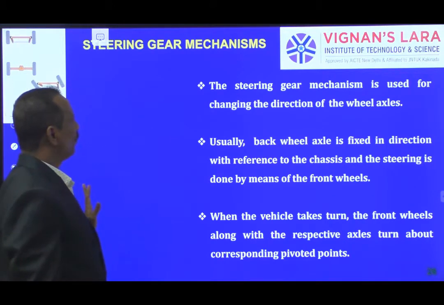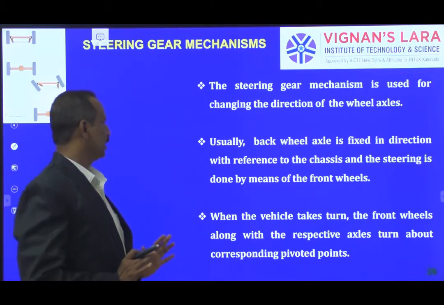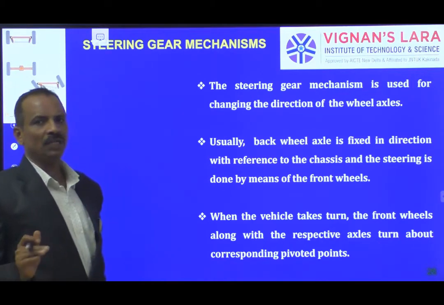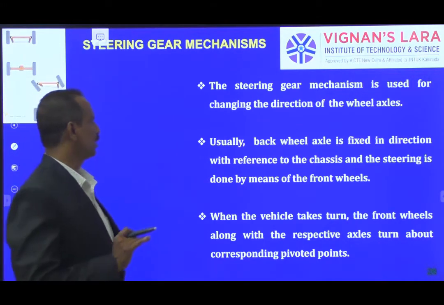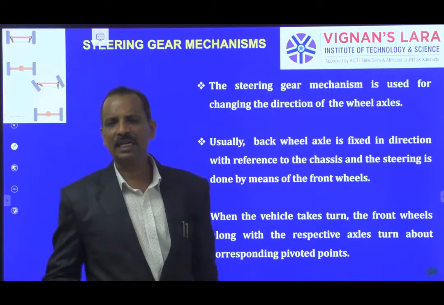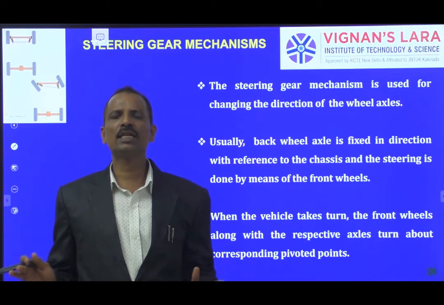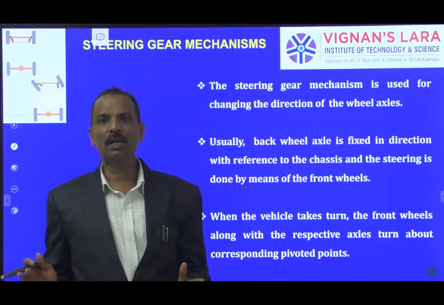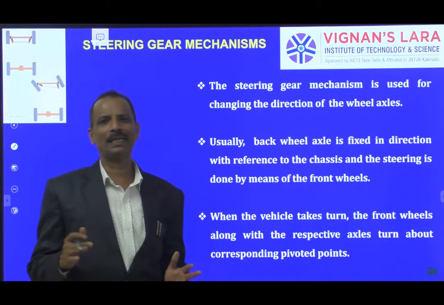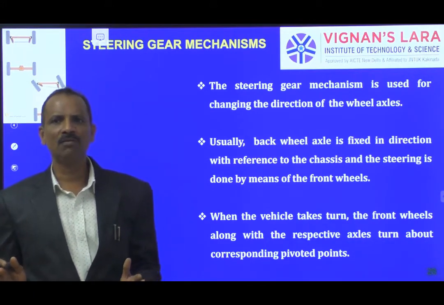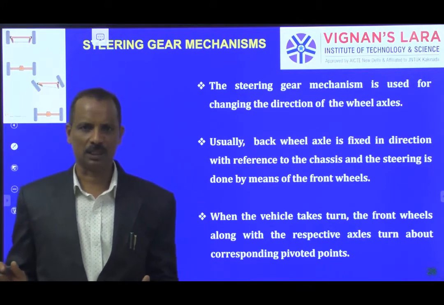Let us see why we need the steering gear mechanism, or what the steering gear mechanism is. When the vehicle is taking a straight path, you need not change its path. But when you want to take a turn, either a left turn or a right turn, this turning is usually taken care of by the front wheels.